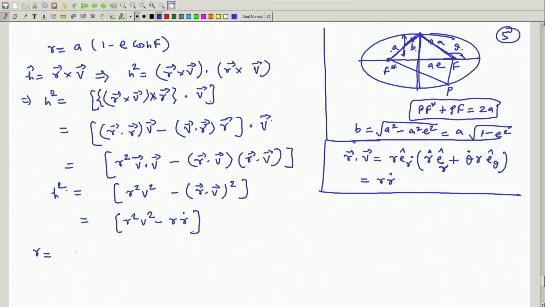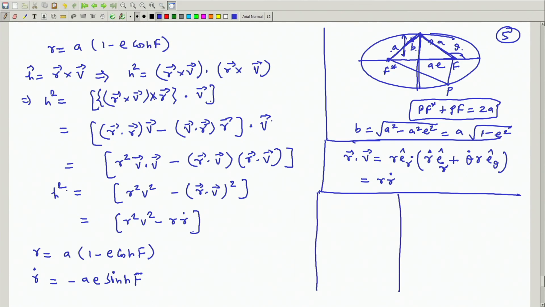Now we take r equal to a times 1 minus e cos hyperbolic f. So, r dot will be equal to minus a times e sin hyperbolic f, where this hyperbolic function you may be aware of. I presume that you are aware of all these things.